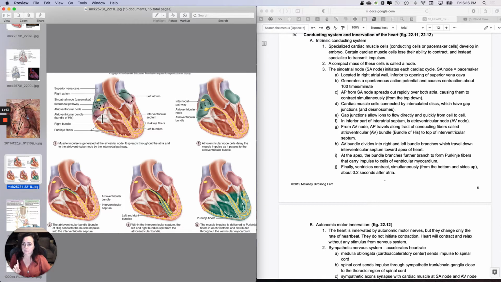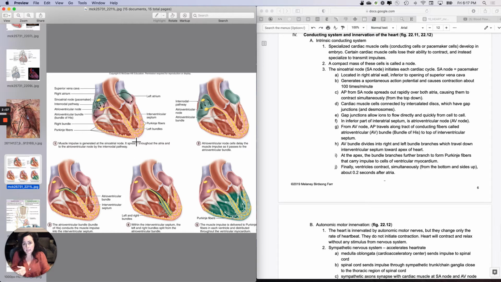In addition to the blobs of cells, you also have a chain of the same kind of pacemaker cells that runs down the interventricular septum, called the Atrioventricular Bundle, the AV bundle.